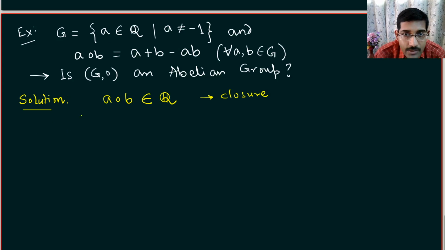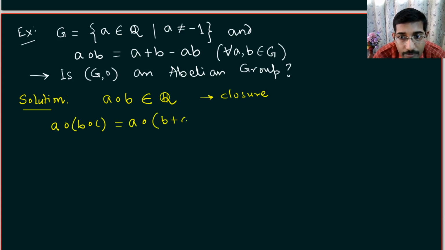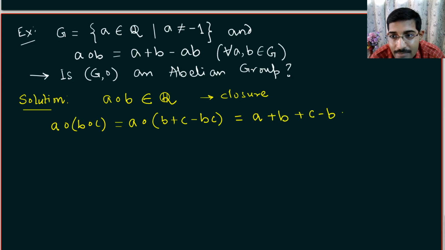For the associativity, you can easily see that A∘B∘C is basically A operated over B plus C minus BC, which is A plus B plus C minus BC minus A into B plus C minus BC.